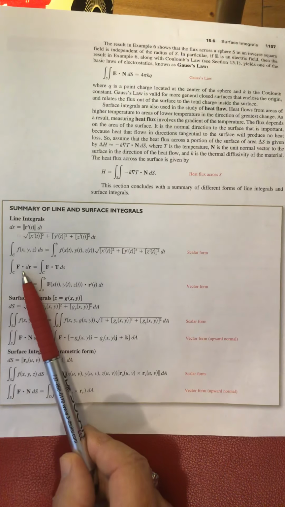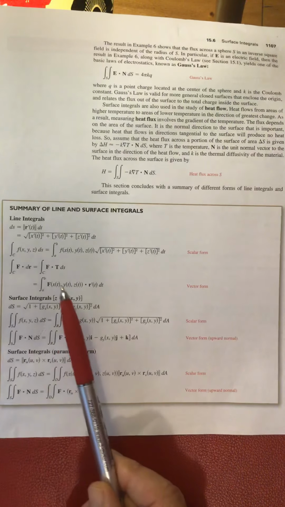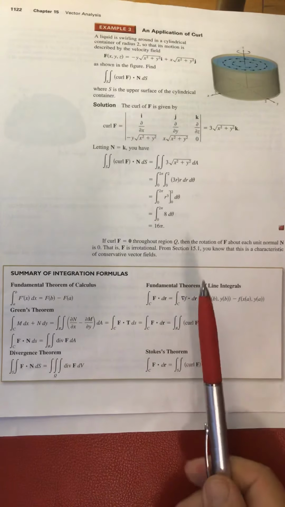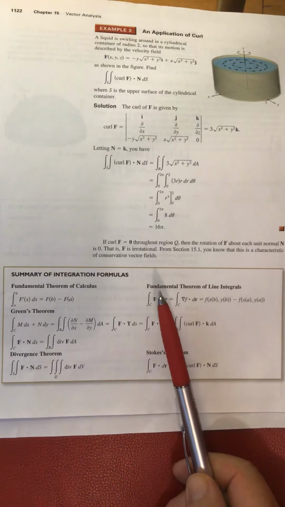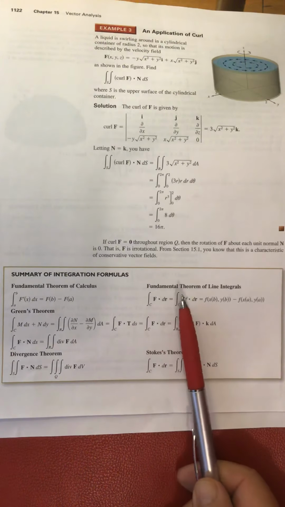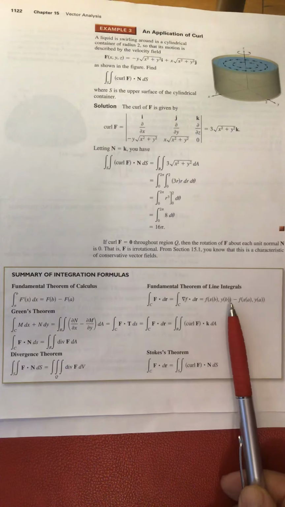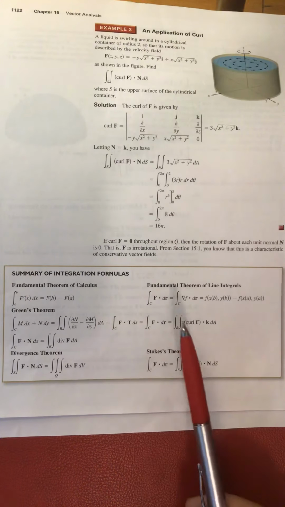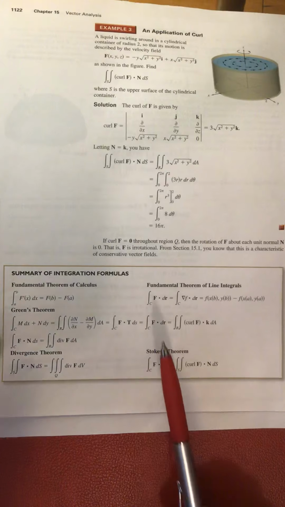If it is this integral, that's work. What we learned in this video is that if it is a conservative vector field, then I can evaluate work by using the fundamental theorem of line integrals. We'll add other formulas along the line, but these two charts are the key to this entire chapter, with the exception of section 1, where we need to be able to find the curl and determine whether fields are conservative or not.